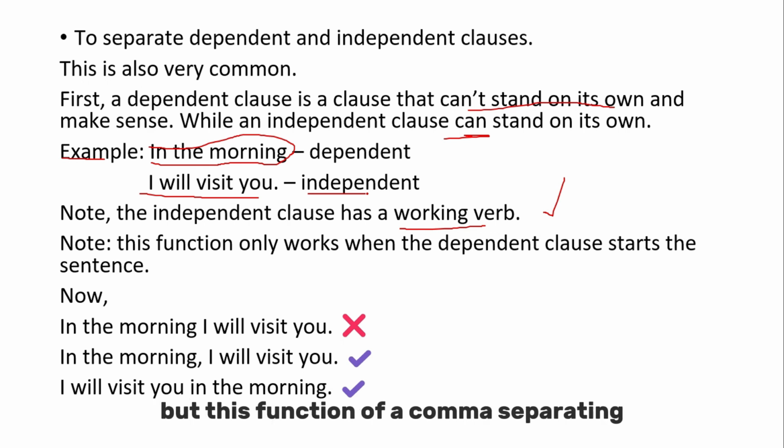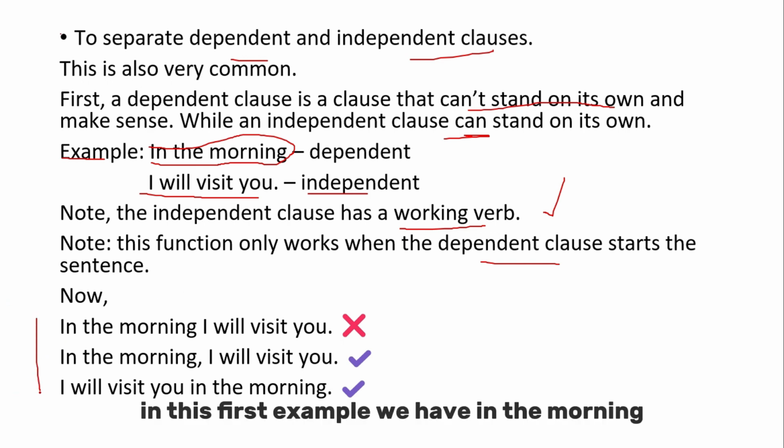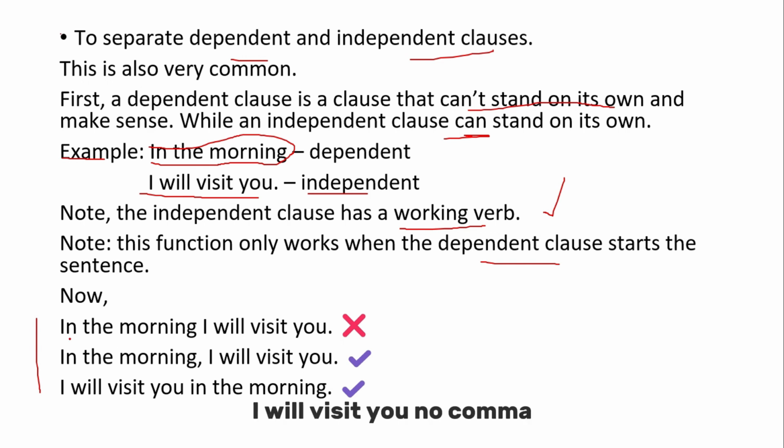But this function of a comma separating a dependent and an independent clause only works when the dependent clause starts the sentence, or when the dependent clause comes before the independent clause. Let's look at these examples here. In this first example, we have "In the morning I will visit you," no comma, no punctuation, just the period.